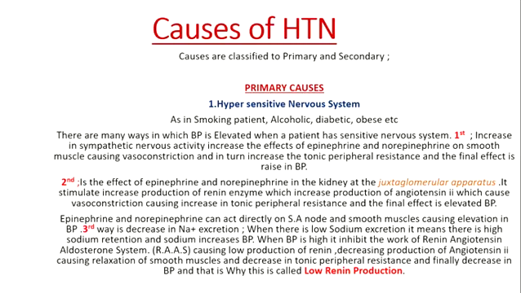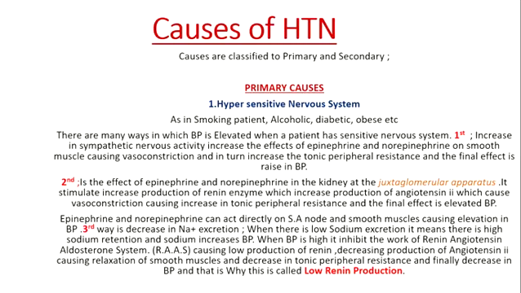That is a way in which there is a hypersensitive nervous system, and you should remember to talk about norepinephrine and epinephrine, because these are the master, the engine, or a propelling factor to hypertension.